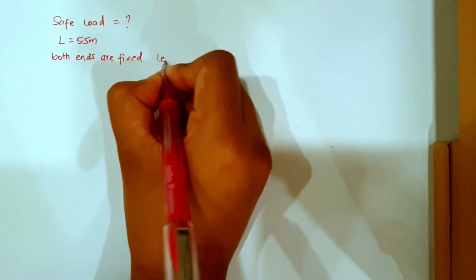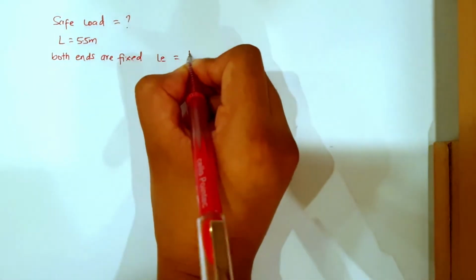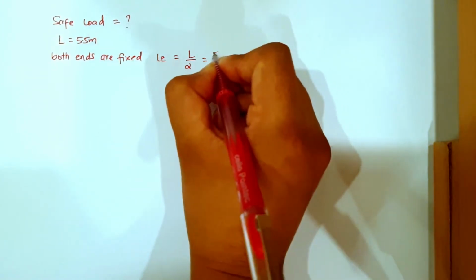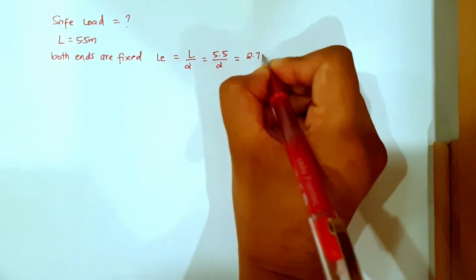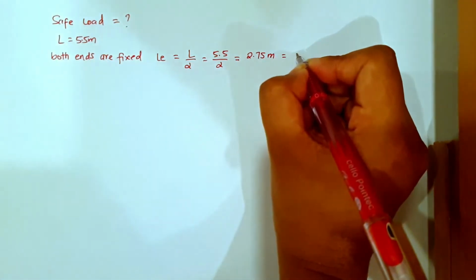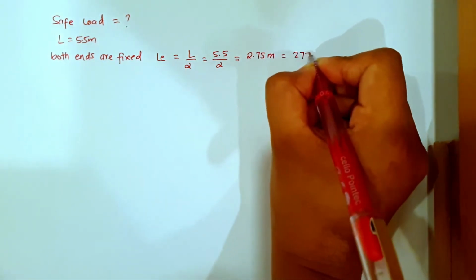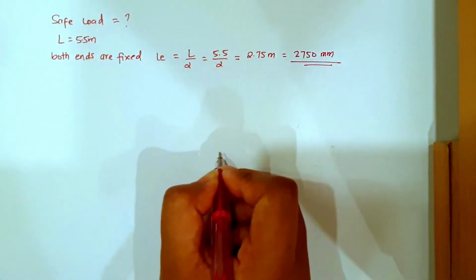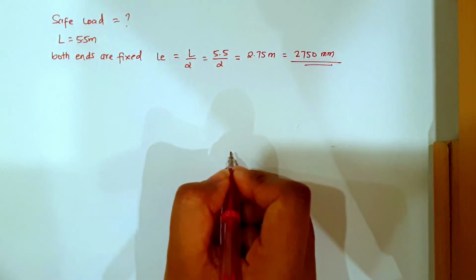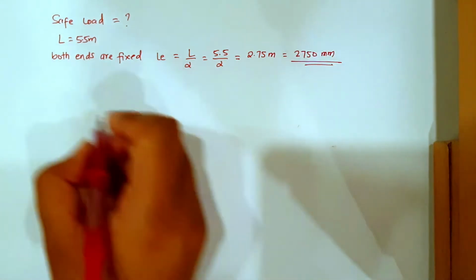Now for this, effective length LE will be equal to L by 2, which will be equal to 5.5 divided by 2 will be equal to 2.75 meter, which will be equal to 2750 mm, right? And next, what is given, it can carry with a factor of safety of 4.